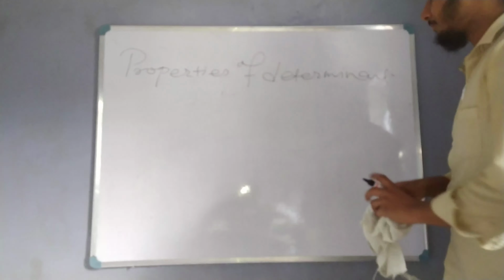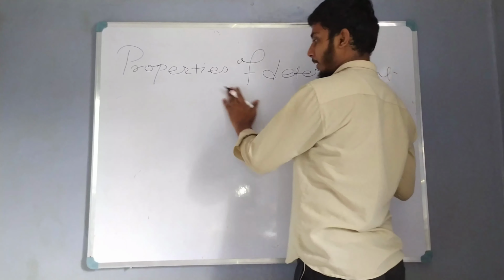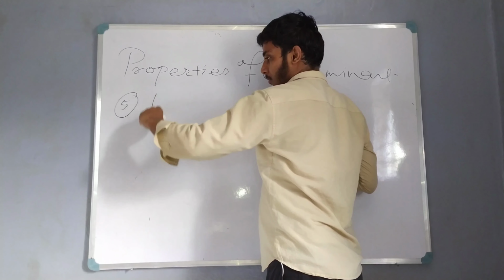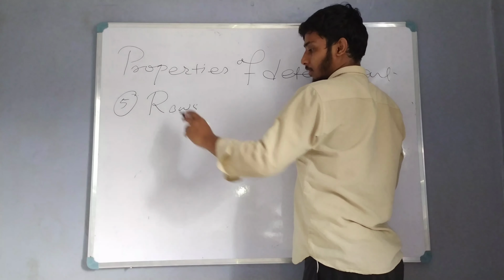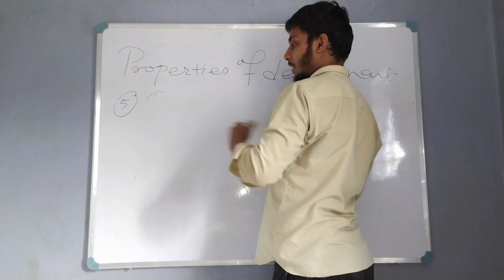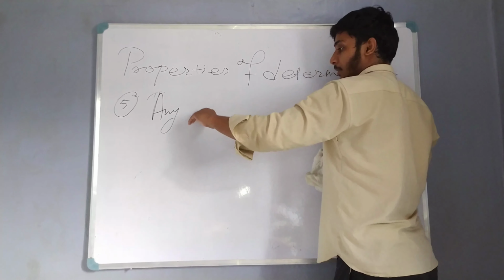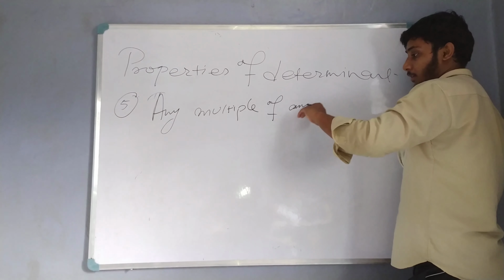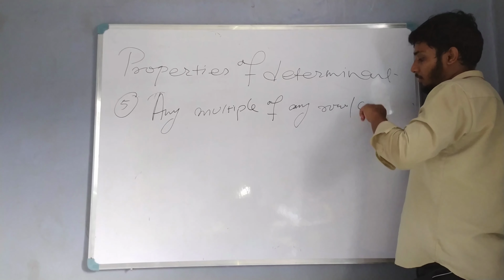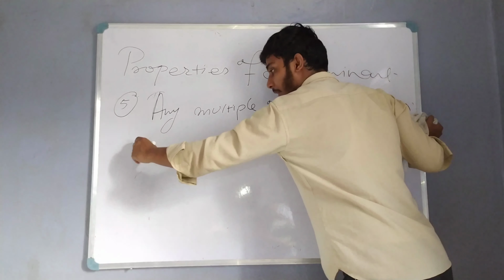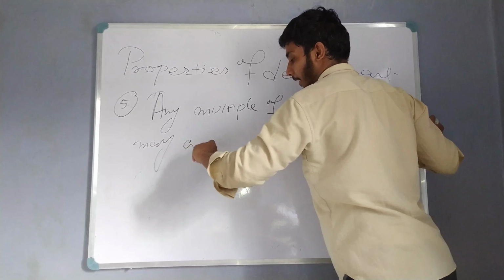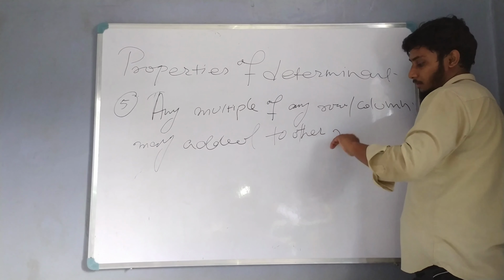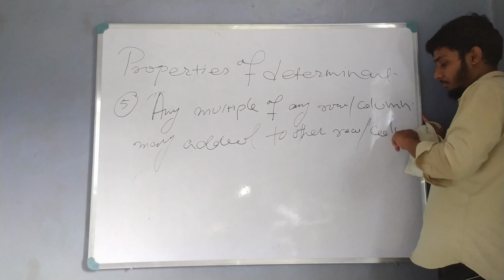We are now doing one more thing. Property number 5: any multiple of any row or column may be added to another row or column.